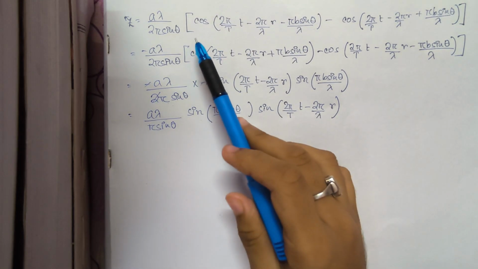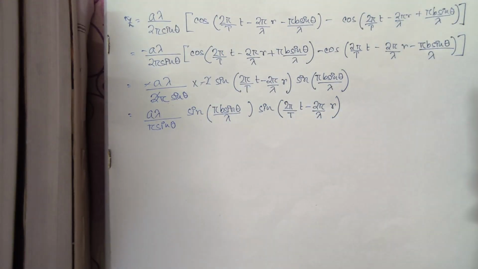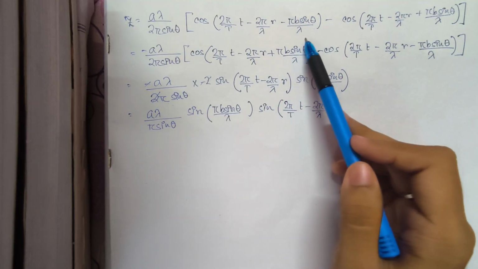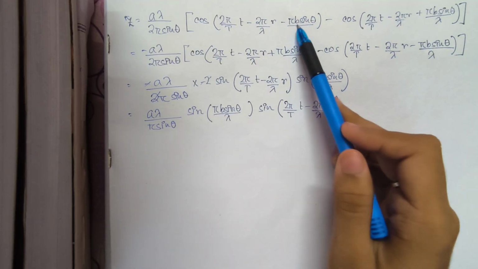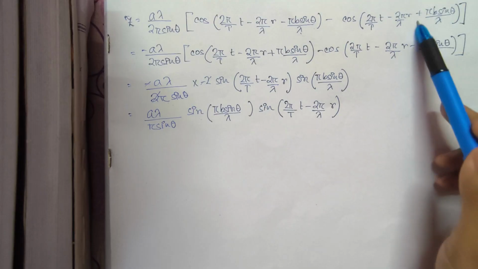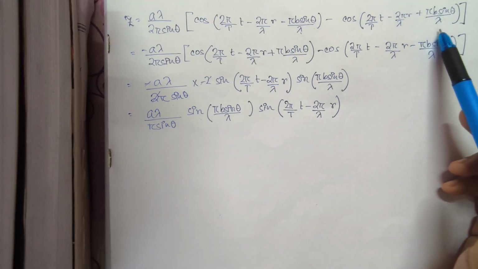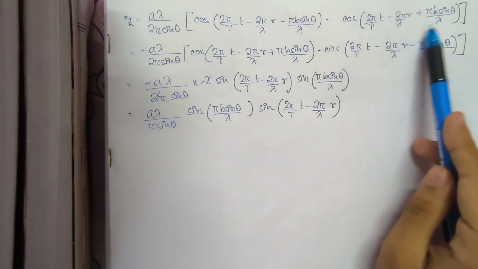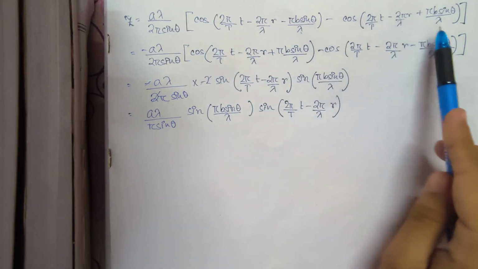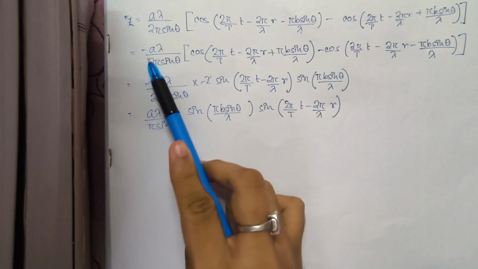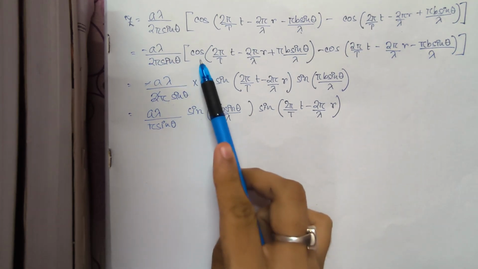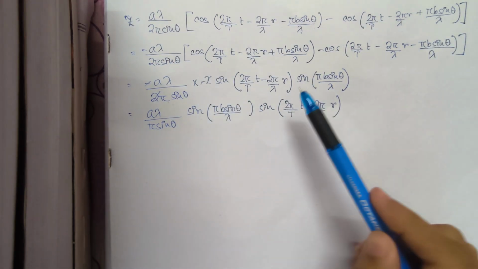I have put the upper limit b by 2 and the lower limit minus b by 2, and what I am getting over here is minus pi b sine theta by lambda, and over here plus pi b sine theta by lambda. Now if we take minus common from the whole function, it will be minus a lambda by 2 pi sine theta, and this is the function.